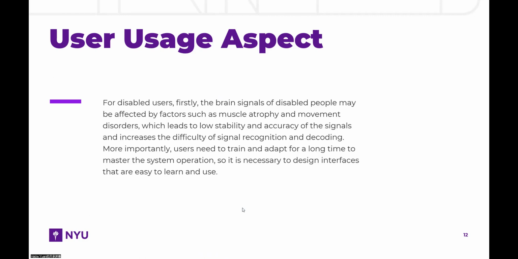More importantly, users need to train and adapt for a long time to master the system operation. So it is necessary to design interfaces that are easy to learn and use.